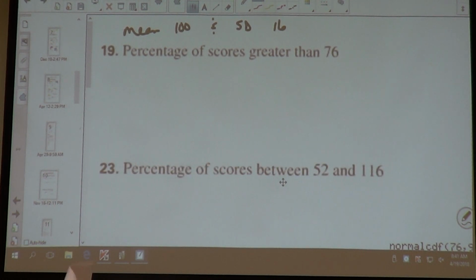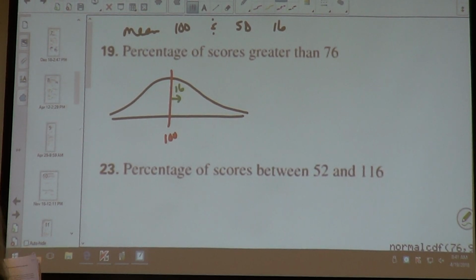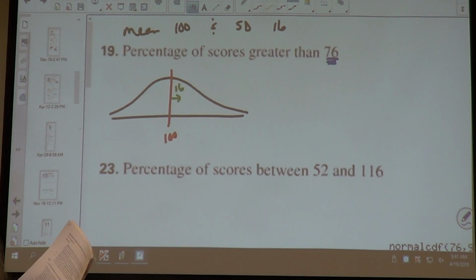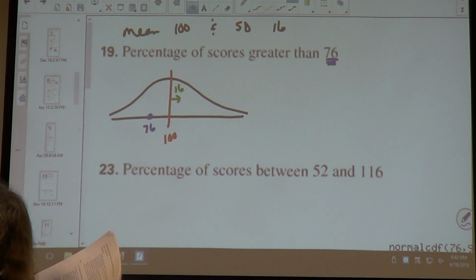All right, for the first one, we have a normal distribution, mean of 100, standard deviation of 16. Our data point is 76. 76 is less than 100, so 76 is going to be somewhere to the left of 100.